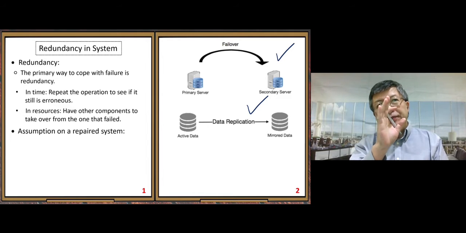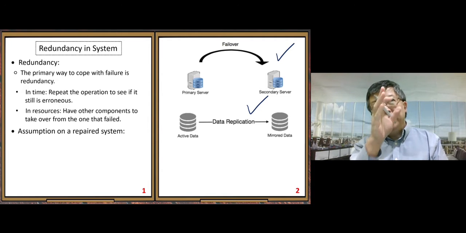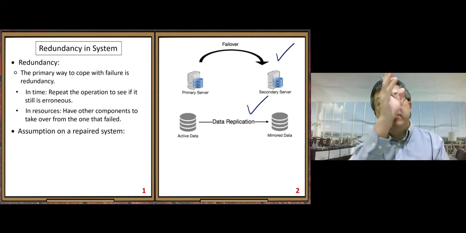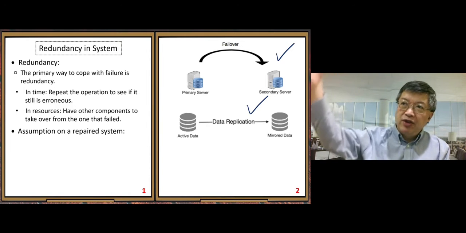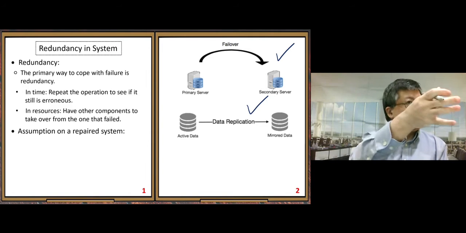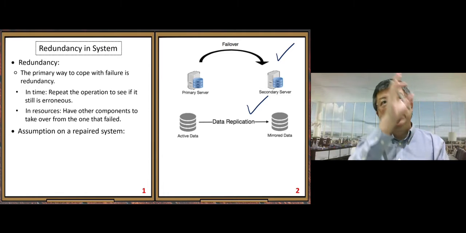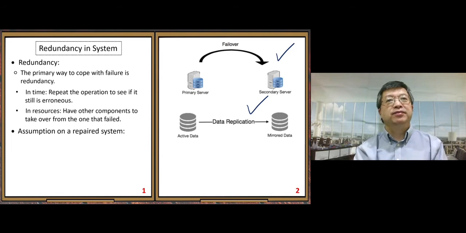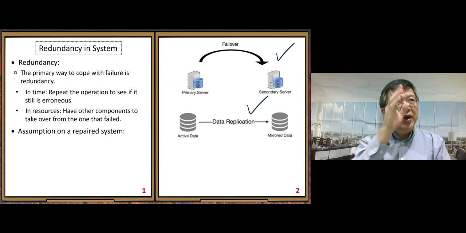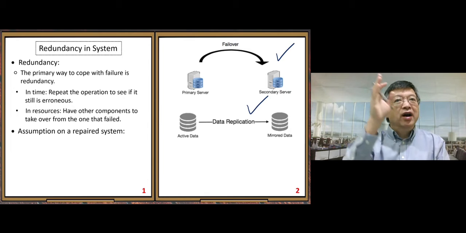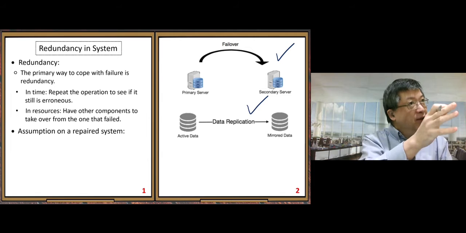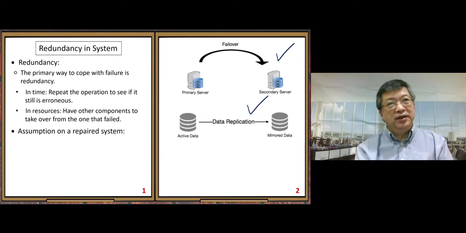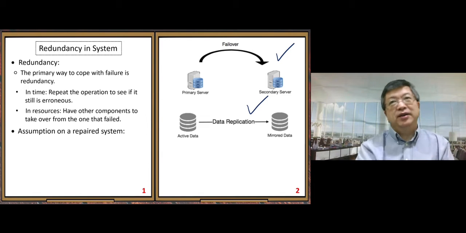Another thing, because when the system has some problem, then we need to call the service provider to fix the system, right? So to repair the system. All right. So here we consider redundant or non-redundant.